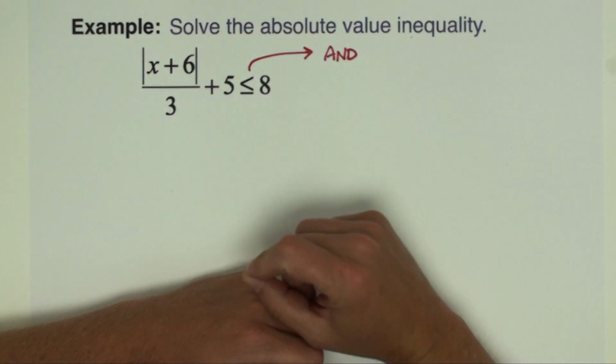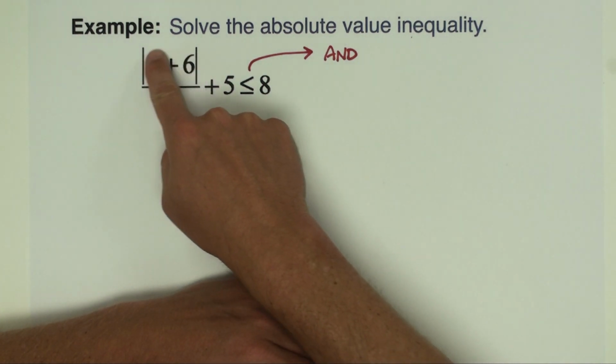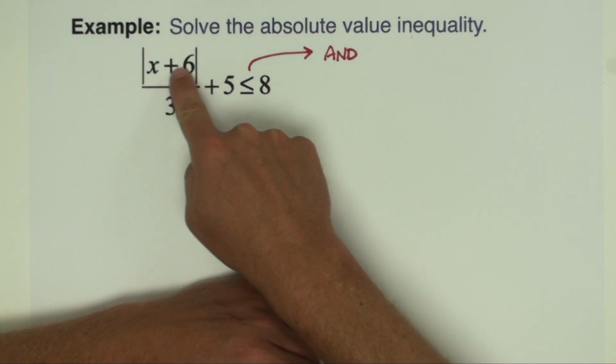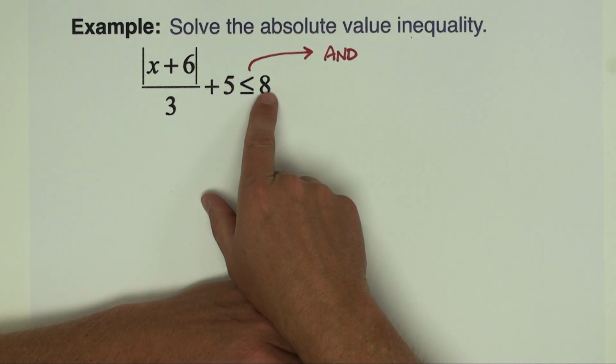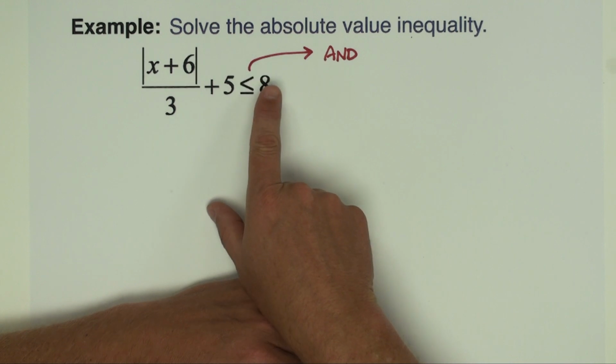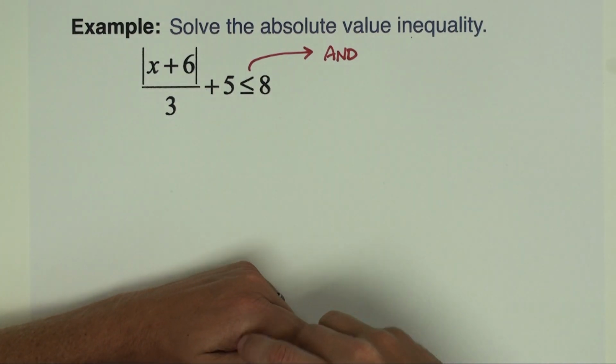Now, just like we did with absolute value equations, the first thing I want to do is get just the absolute value part by itself. So that means this +5, I want to move over here. This divide by 3, I want to move over here. So I'm going to do those couple of steps first.